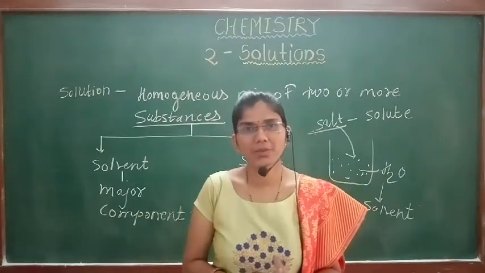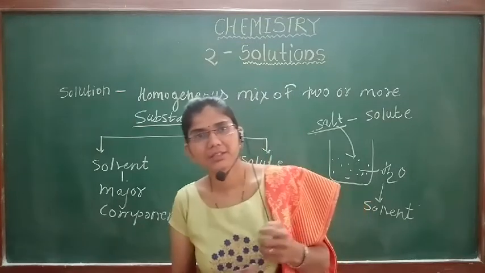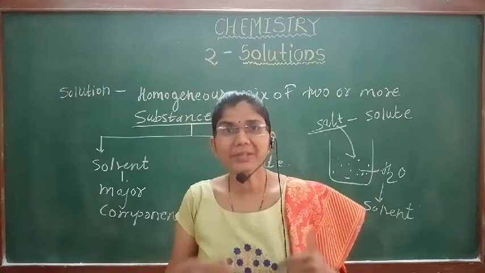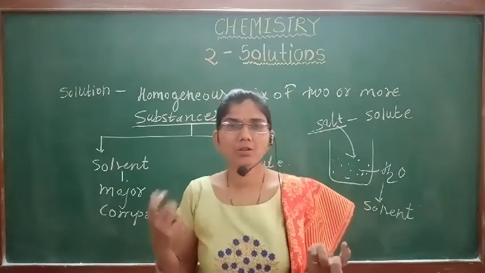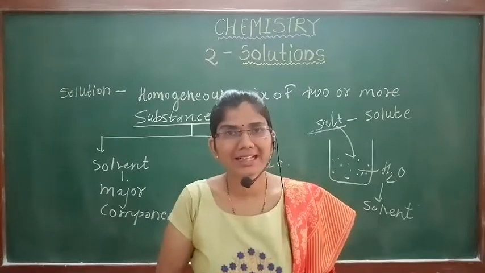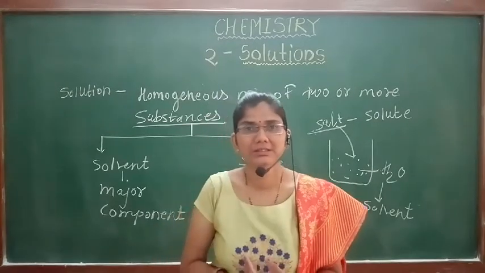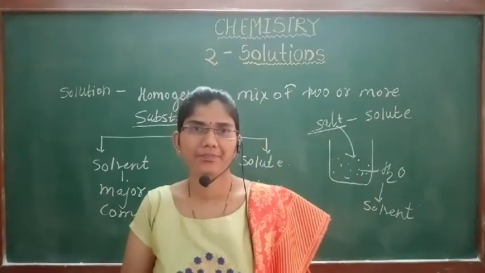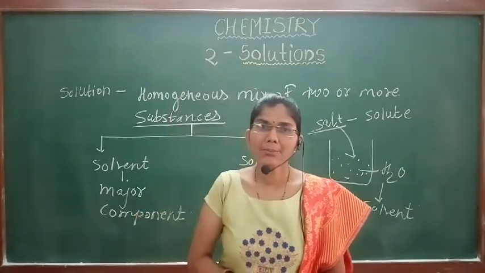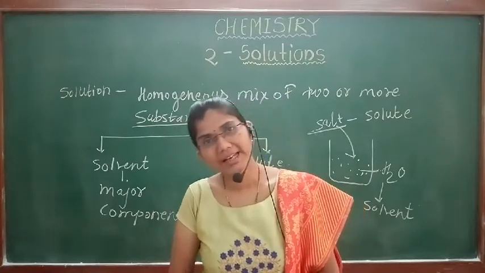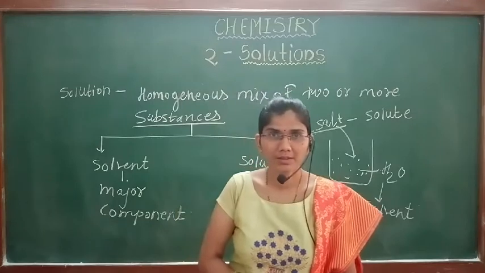The extent to which the solute reacts or interacts with the solvent depends on the nature of solute and solvent, that means by the rule like dissolves like, as we know.